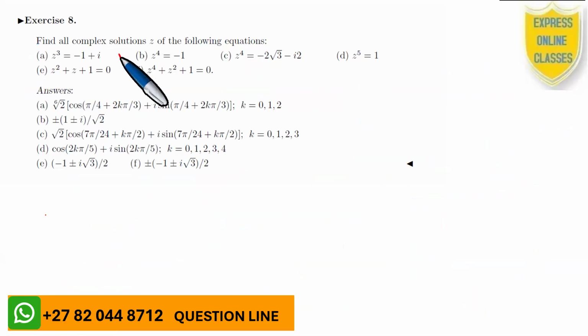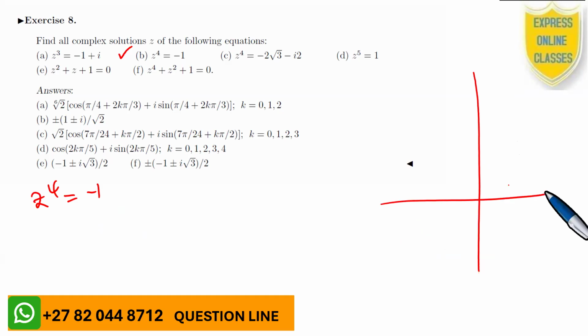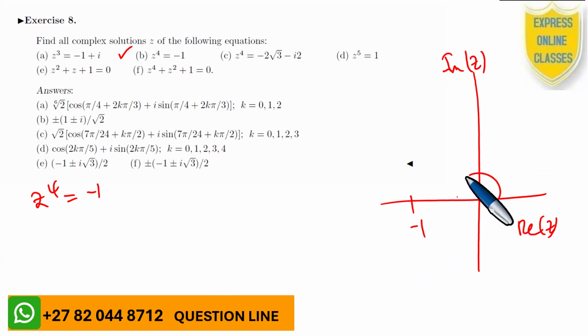Now we're dealing with part B. z to the power 4 of minus 1, which is the real part of that. Okay, then the angle is pi.